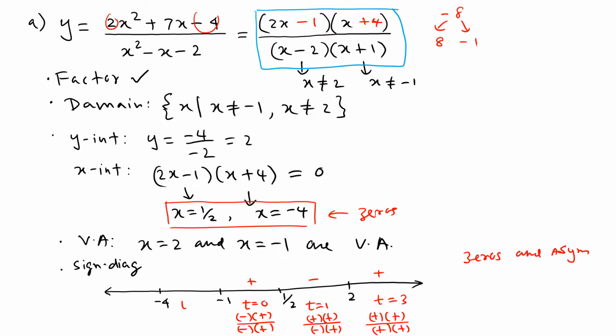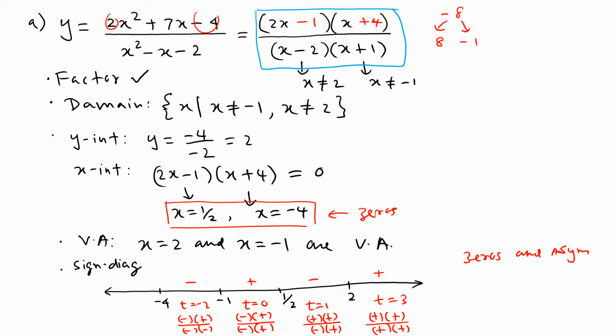And then we're going to put t equal -2, so you're going to get a negative, and then positive, and then negative, and negative, so 3 negative, which is negative.